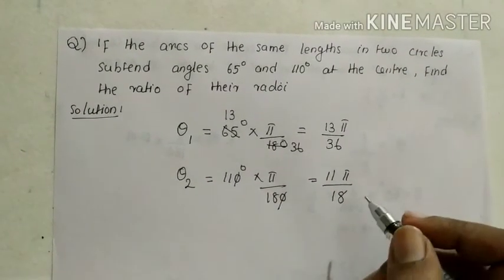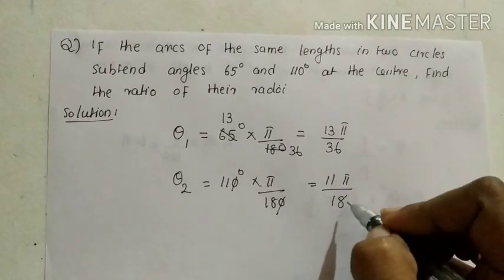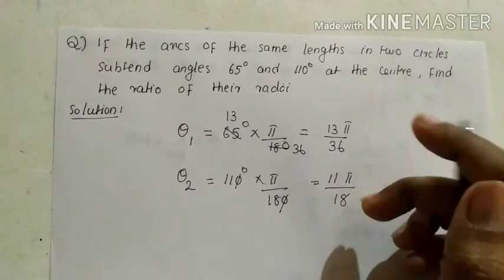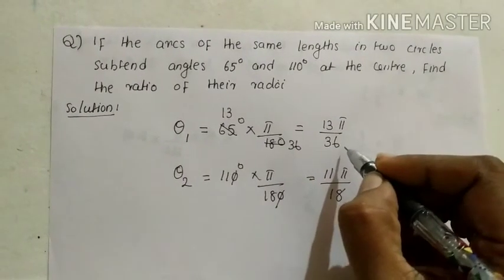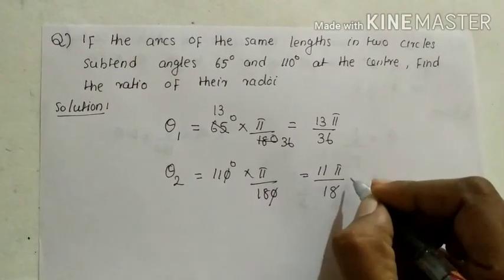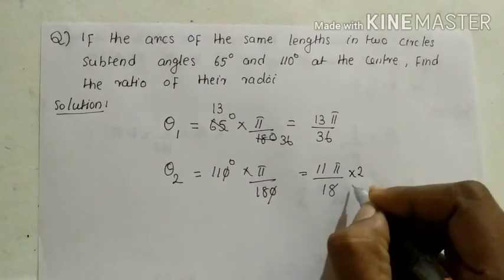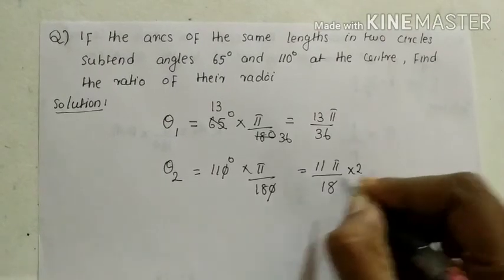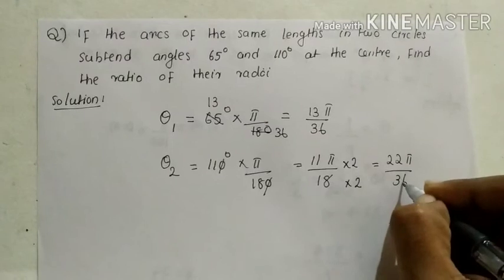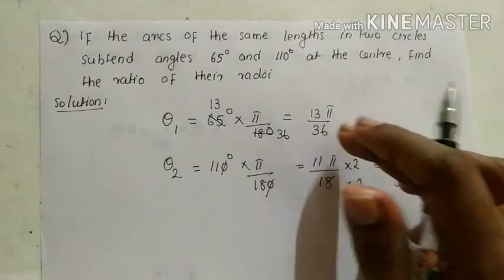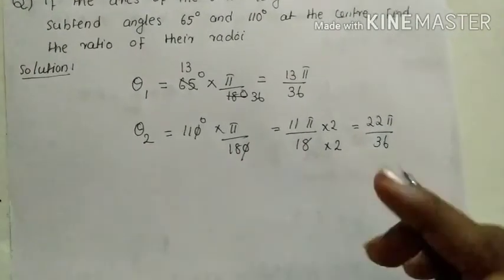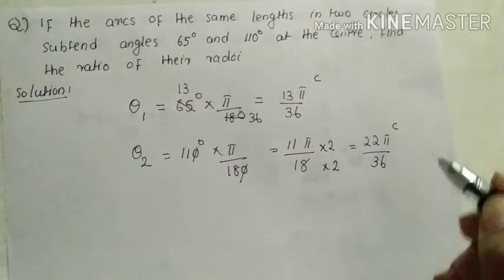Okay, so to make denominator same of these two angles, here denominator is 36, right? So we need to multiply both denominator and numerator by 2. Here we get 22 pi by 36. So both the angles' denominators are same. Okay, so this is in radian measure.